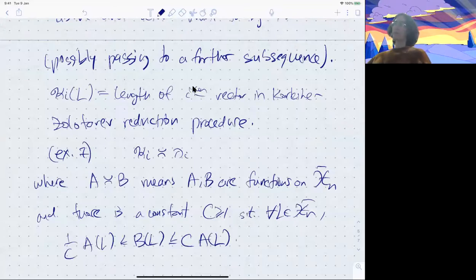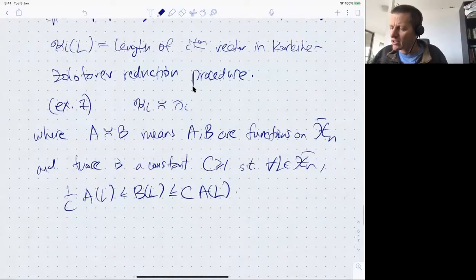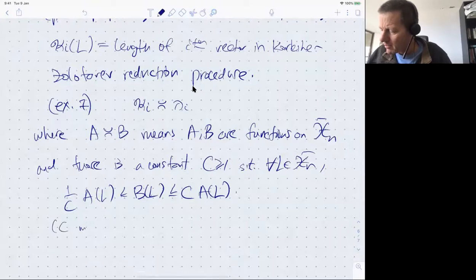So, the exercise was to show that the kappa i's behave like the lambda i's. In other words, these constants that appear in this notation are allowed to depend on the dimension, so maybe I should stress that. C may depend on n.